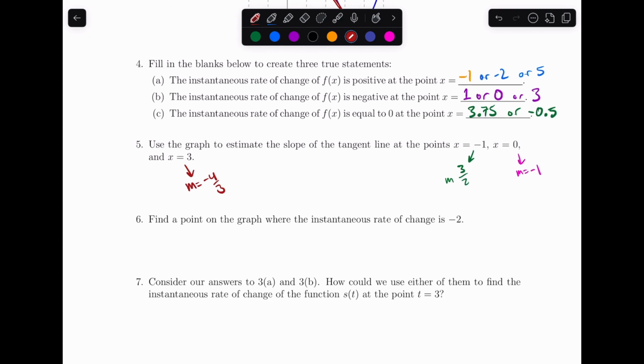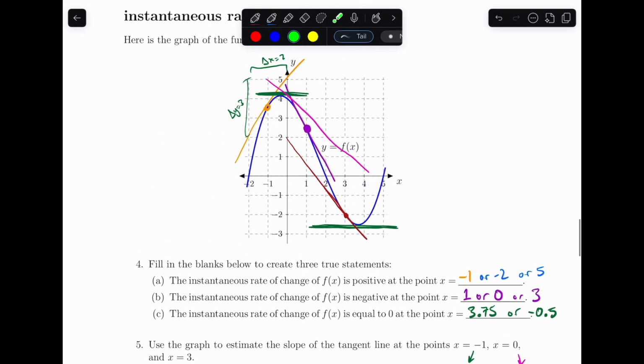Number 6, find a point on the graph where the instantaneous rate of change is -2. We see here instantaneous rate of change, and we think slope of the tangent line. So we need a place where the tangent line has a slope of -2. This one will be easier on the tablet than it will be in your notebook because I can do something clever like maybe drawing a line with a slope of -2 and then move it around to see where it is tangent.